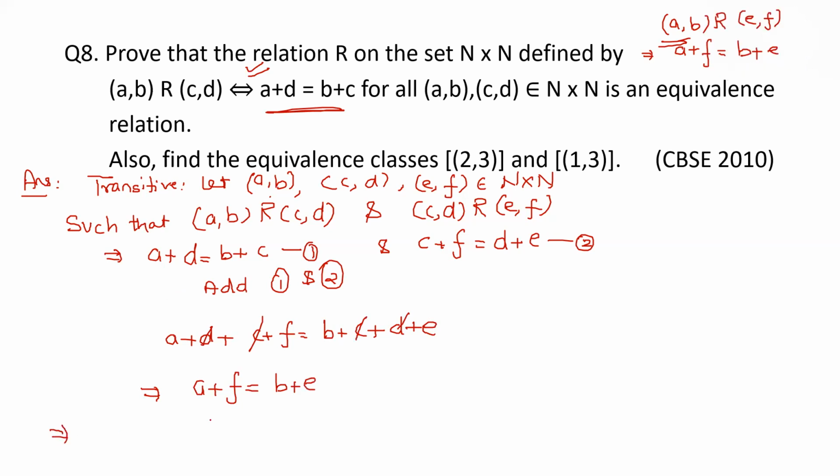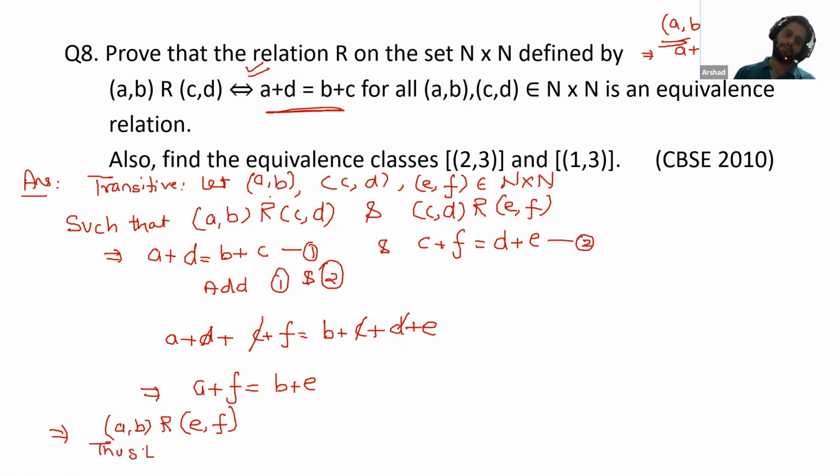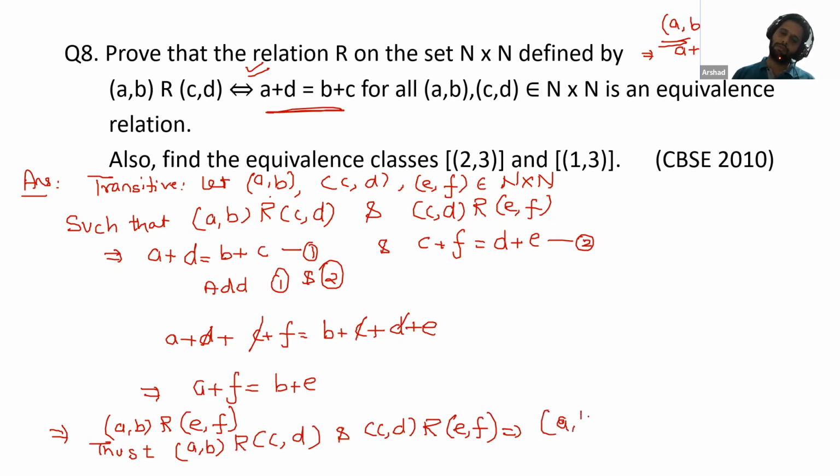So this implies a comma b is related with e comma f. Now we will write the same thing. Thus, a comma b related with c comma d and c comma d related with e comma f implies a comma b is related with e comma f.